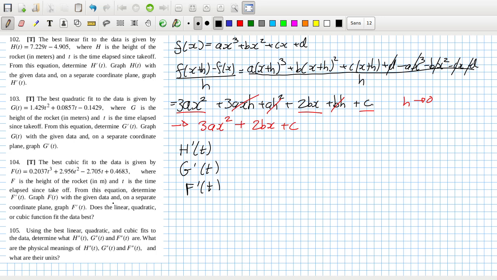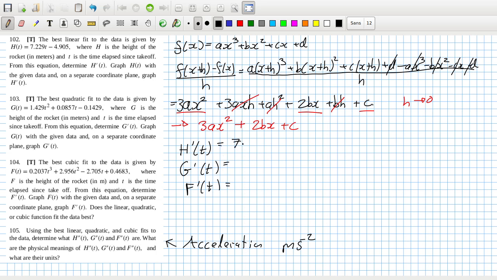And then what does the second derivative mean? These are the accelerations, because it's the rate of change of speed with respect to time, or velocity if you consider directions upwards, and their units would be meters per second squared. But let's just get these derivatives here.